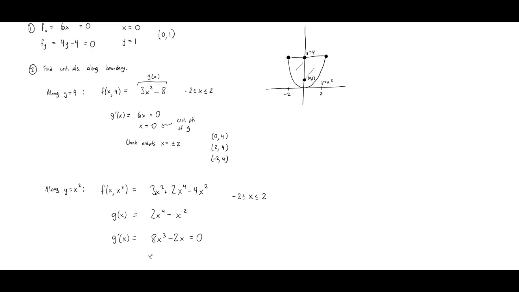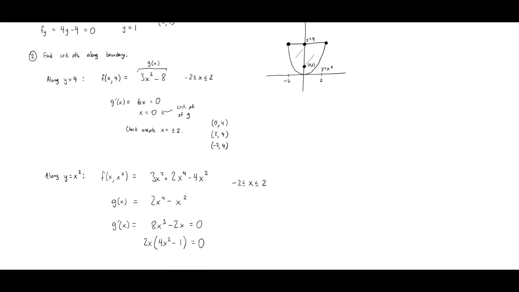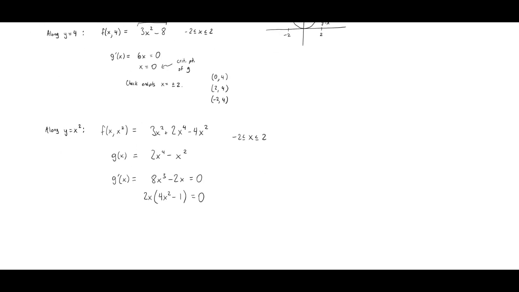Here I can factor out the 2x, leaving me with 4x squared minus 1. So then I get x equals 0, or 4x squared equals 1, so x squared is 1/4. So x could be plus or minus 1/2, all right?